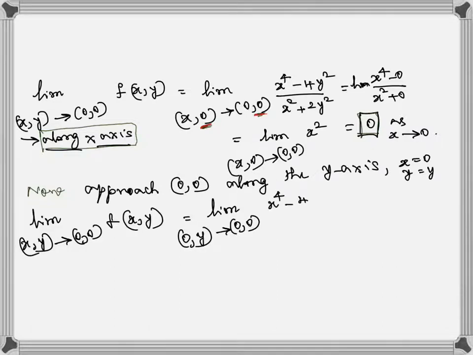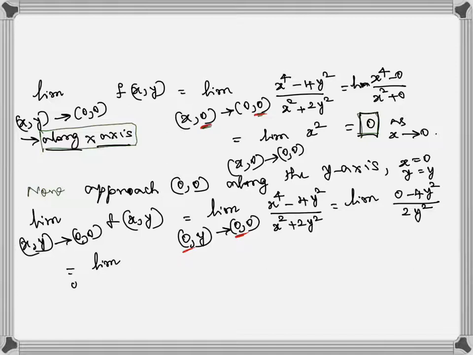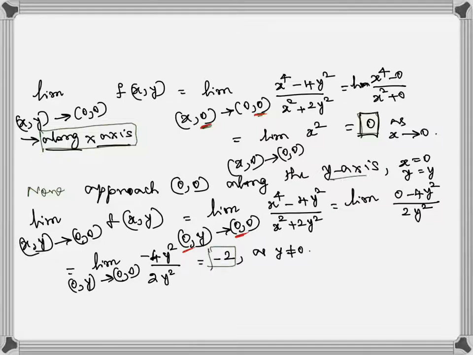If you plug in x equal to 0, you get the limit of (0 − 4y^2) divided by (0 + 2y^2). You can cancel the y^2 because y is not 0, it's only approaching 0. So it becomes −4y^2 divided by 2y^2, which is −2, as y is not equal to 0.